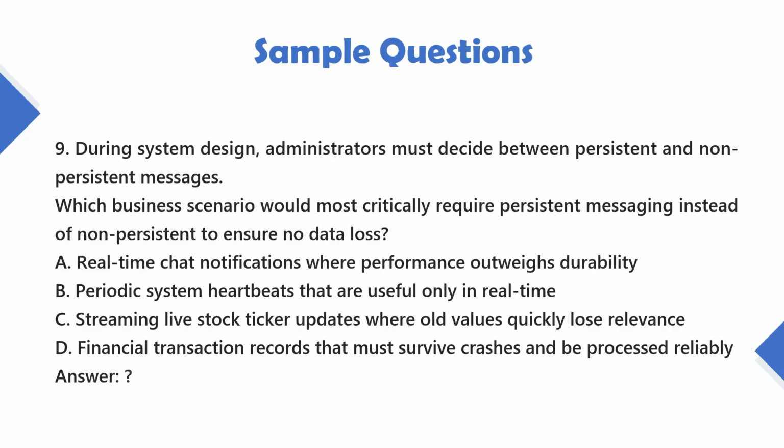B. Periodic system heartbeats that are useful only in real time. C. Streaming live stock ticker updates where old values quickly lose relevance. D. Financial transaction records that must survive crashes and be processed reliably. Answer: D.